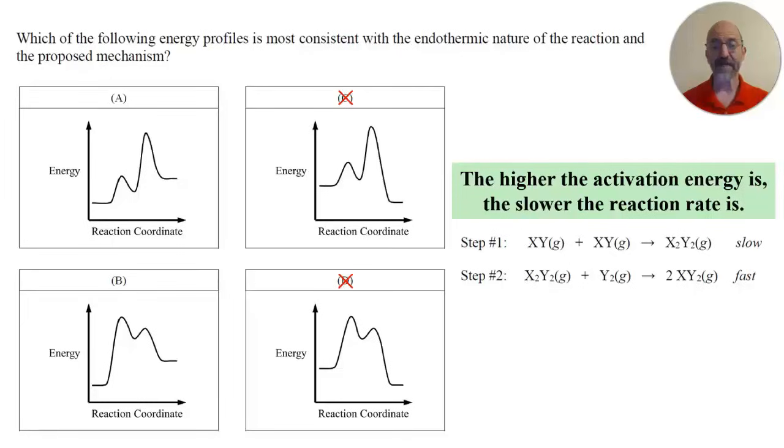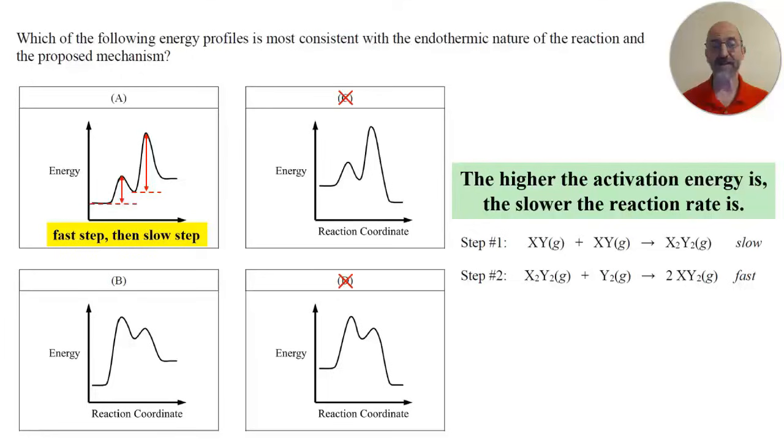So that hill is either a small hill and a big hill in choice A, or it's a big hill and a small hill in choice B, where that hill would represent the magnitude of the activation energy. So looking at choice A, I can see small hill and then big hill, and that would indicate first a fast step followed by a slow step.